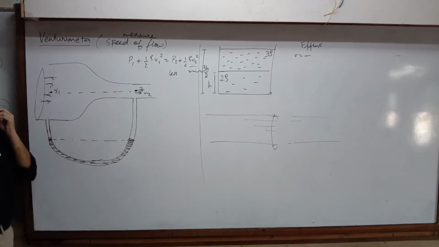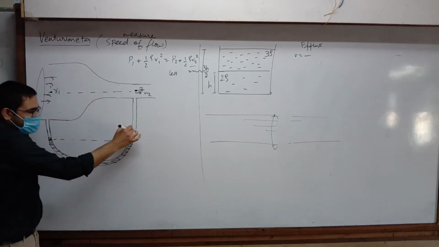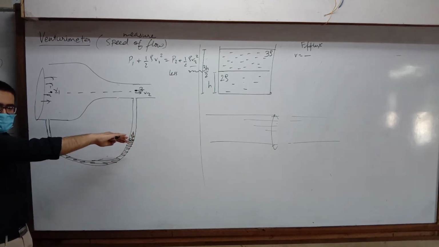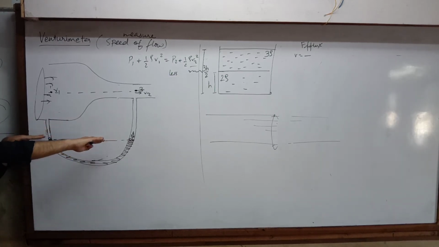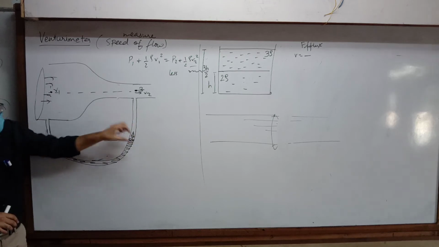Fine. So because pressure here is less, do you realize that this mercury is now pushed down by less pressure, but over here this mercury is pushed down by more pressure. So will the arm stay the same? Which arm will go lower, the one below broader or the one below narrower?